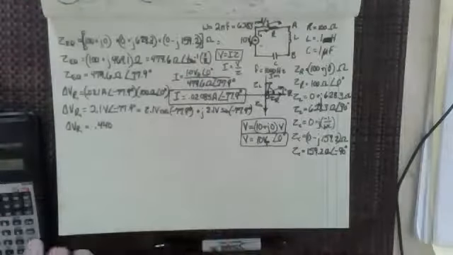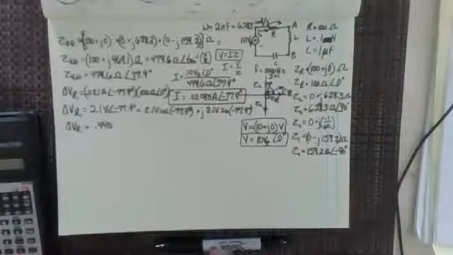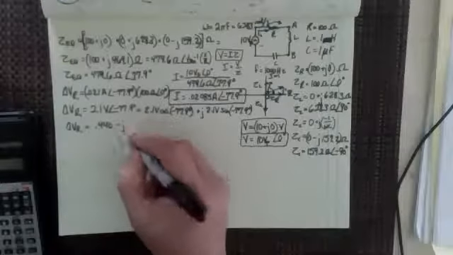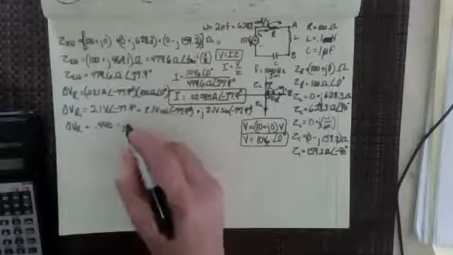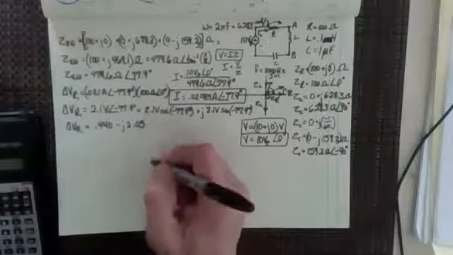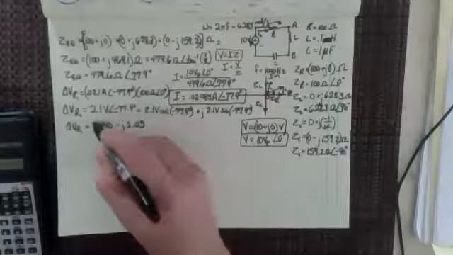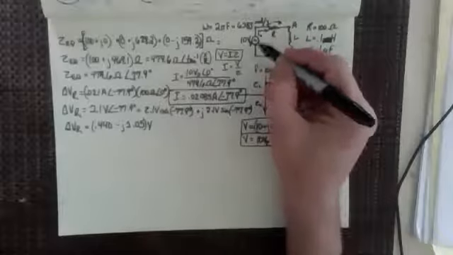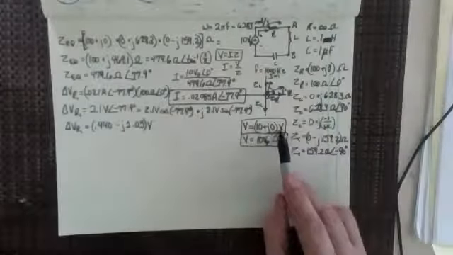And so when I multiply that by 2.1, I get minus, with the J there as my placeholder, minus 2.05. So there's our voltage drop, and of course, that's volts. Now, how do I apply my voltage drop? Well, I know that I started out at 10 volts plus J0.